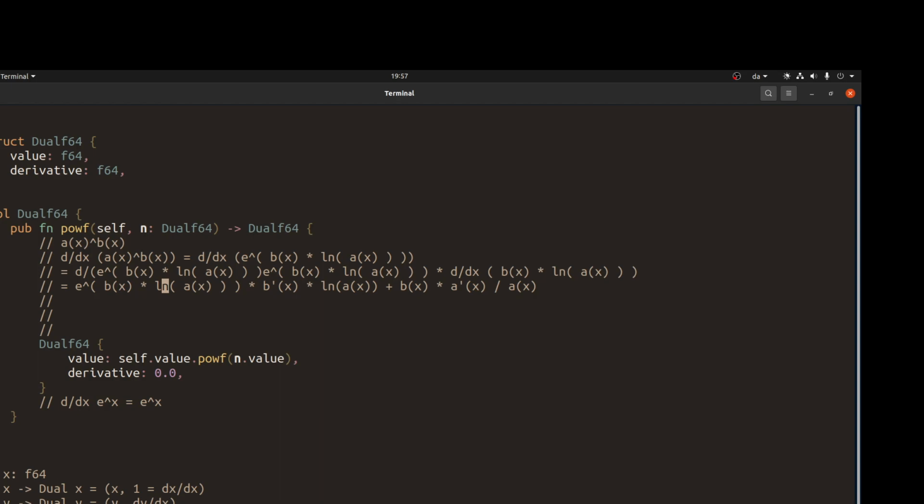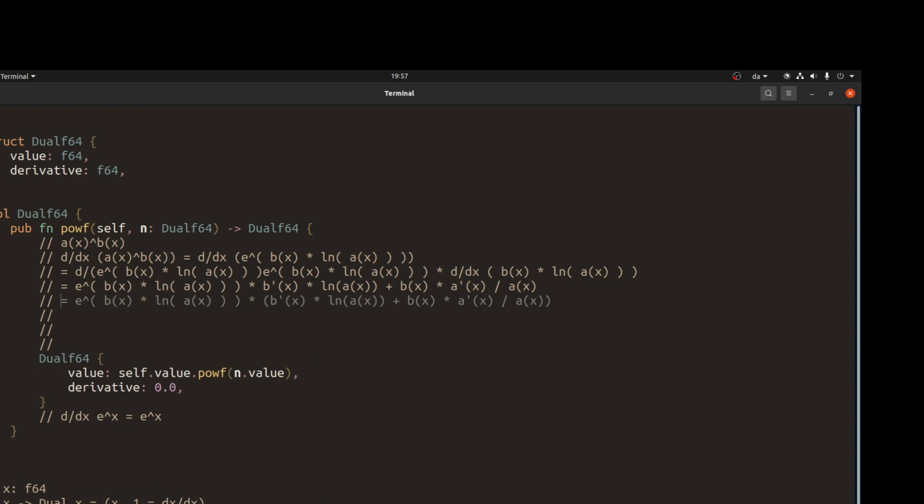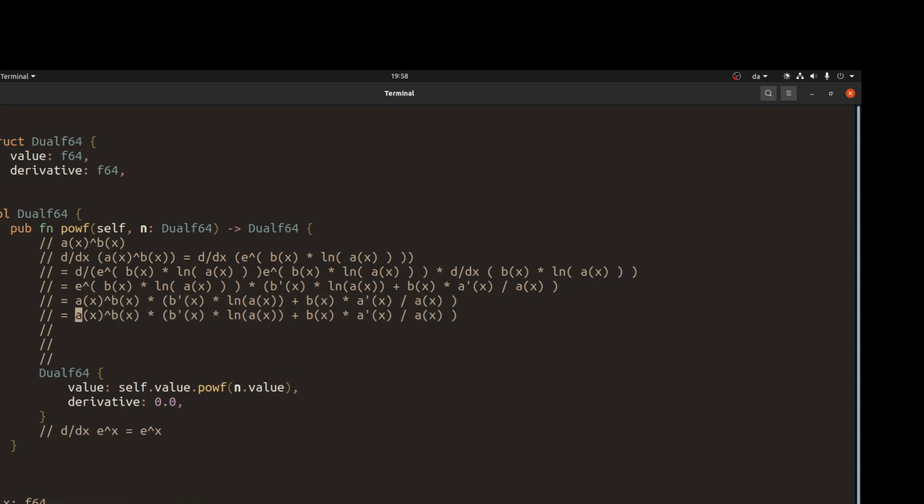So what do we have now? Let's say this is equal to a to the x, b to the x, and times, and there should be a bracket around that, times this thing. So we can actually simplify that a bit further. We can write b to the x. Well, let's do it a bit in steps.